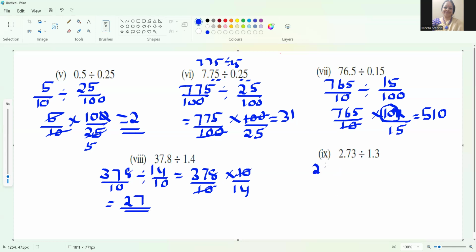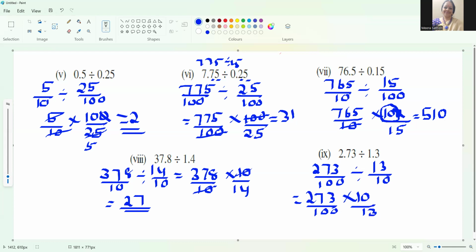Now, here 273 by 100 divided by 13 by 10 equals 273 by 100 into 10 by 13. Now you can cancel this 10, the denominator keep it there. 273 you divide by 13. 27 divided by 13, 2, 26.